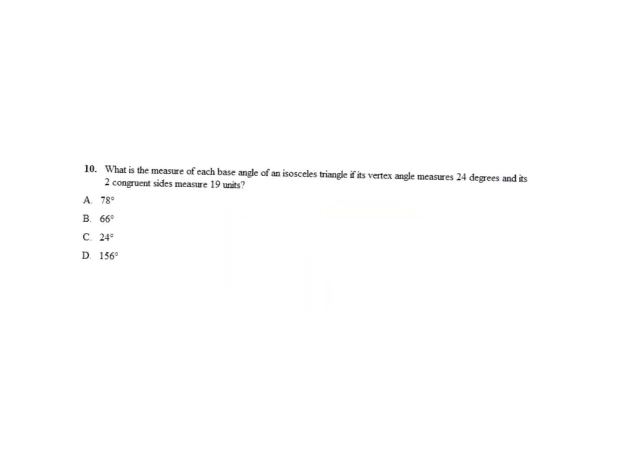Continue on. This is another one similar to the first question we worked on, but the difference here is that, like I asked you to do in the other one, you come up with your own diagram, making this vertex angle 24 degrees, and then the two congruent sides here 19 and 19.